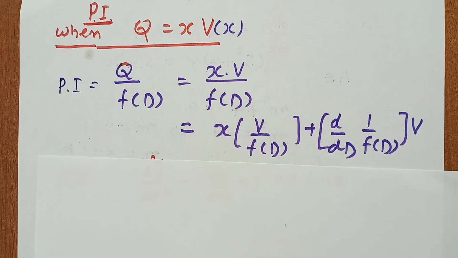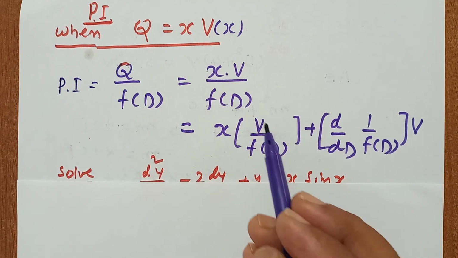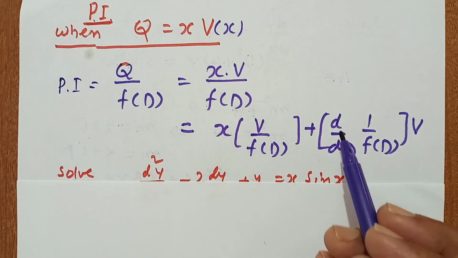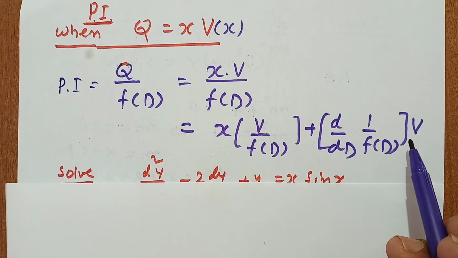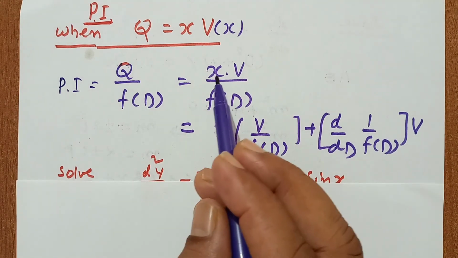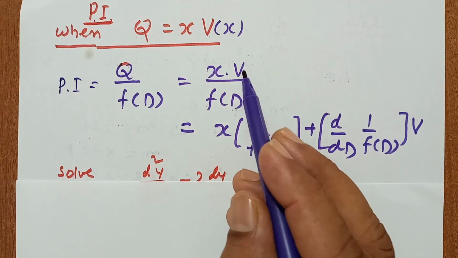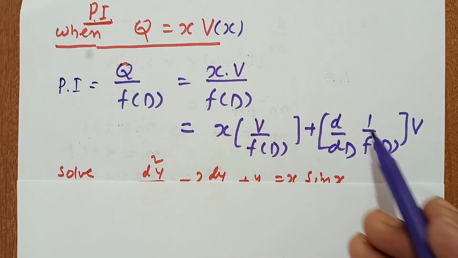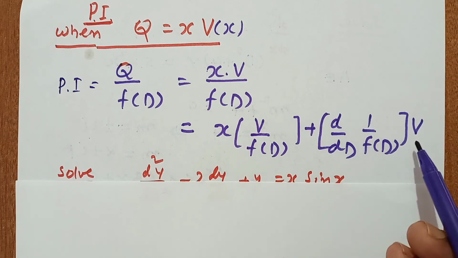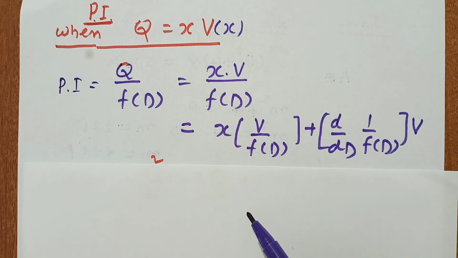So we will write x V upon f(D) plus d/dD of 1 upon f(D) into V. It means first we write x and then the particular integral of V, means V upon f(D), plus differentiation of 1 upon f(D) into V. We will explain by an example.